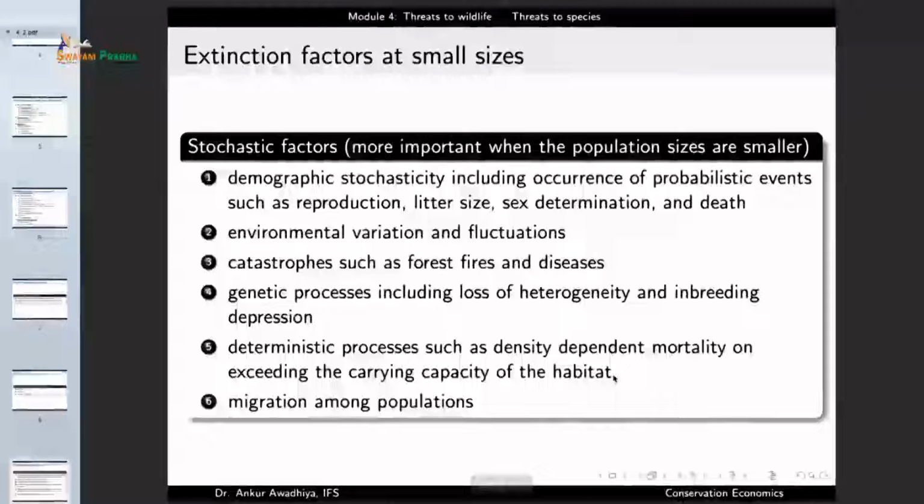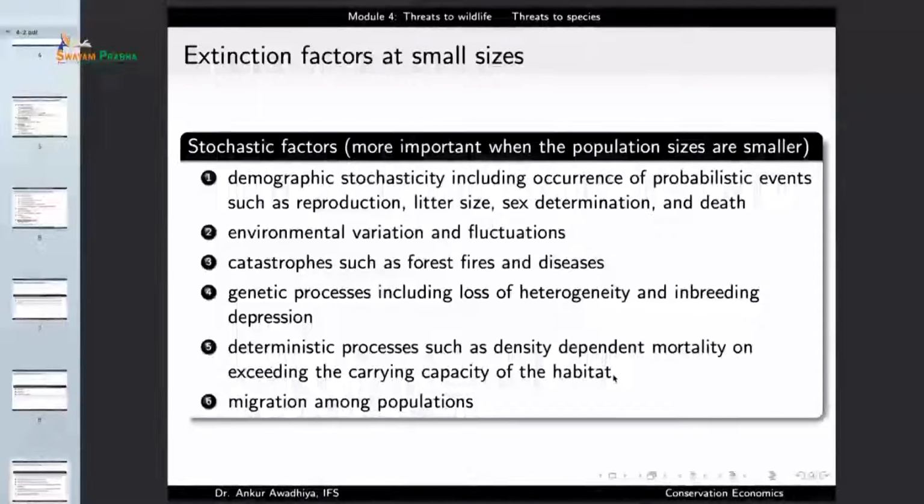And the population structure should also be such that you have roughly equal number of males and females. Now, if you do not have a suitable population structure, then even if you have a large size population, it is possible that the population might be pushed towards smallness. And so this is a deterministic factor.